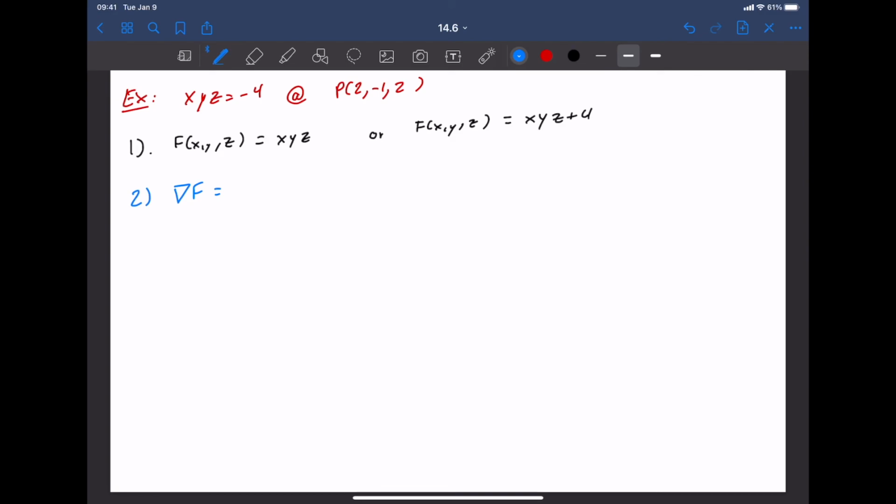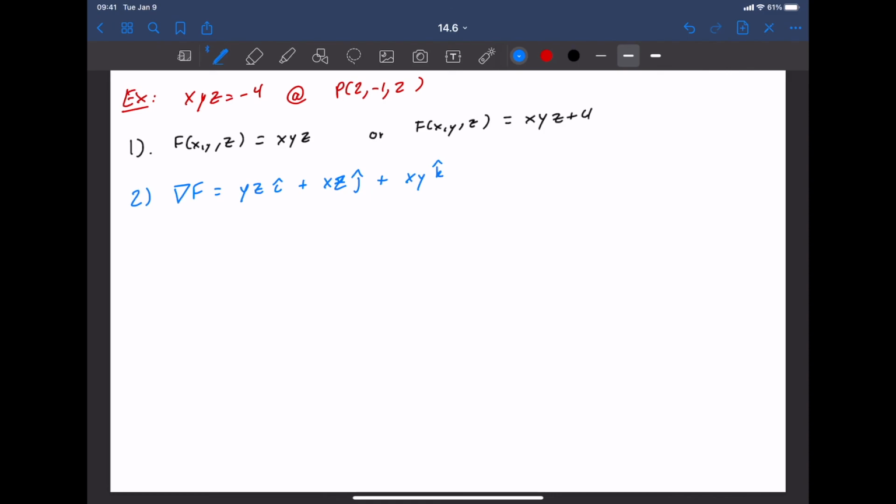3, 2, 1. We haven't used basis notation in a while, so it's the derivative with respect to x in the i direction plus the derivative with respect to y in the j direction plus the derivative with respect to z in the k direction.